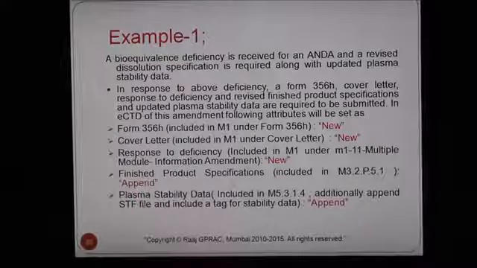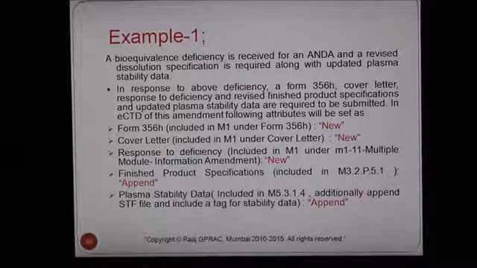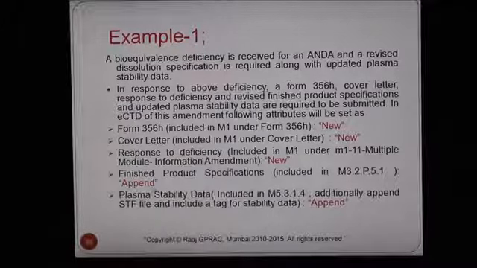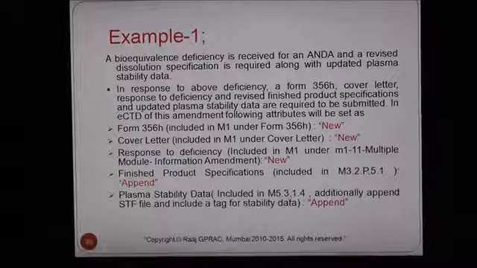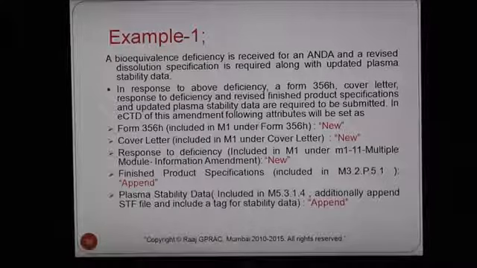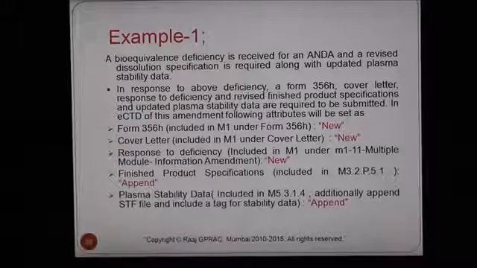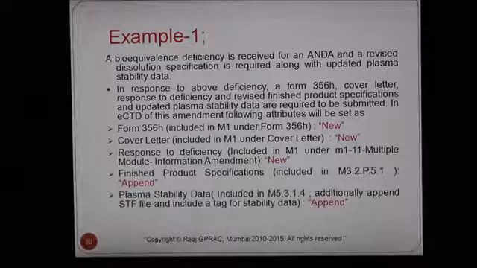Finished product specification, since it is a revised specification, you have to use the append button. Plasma stability data is to be included under Module 5 with the additional append STF file and include a tag for stability data. So this is again updated plasma stability data, so use the append button.